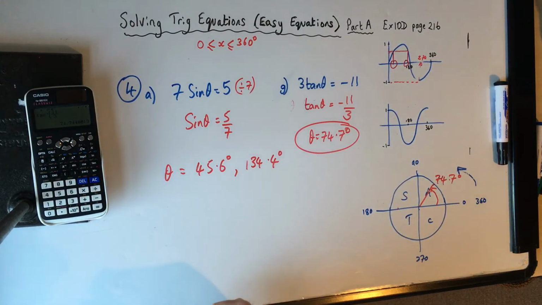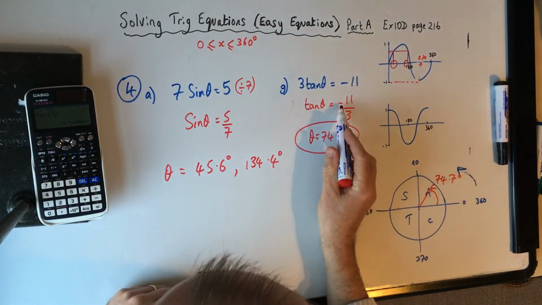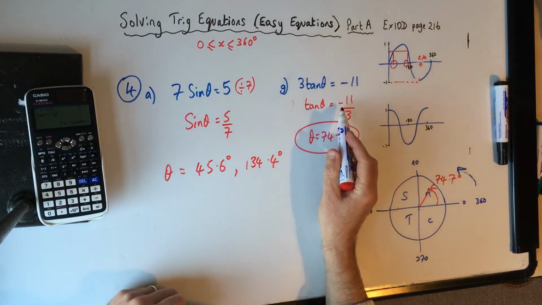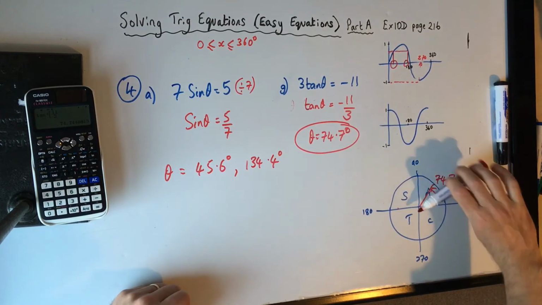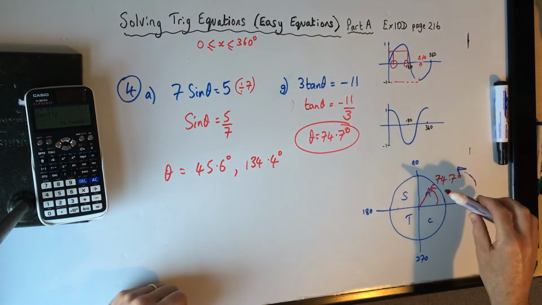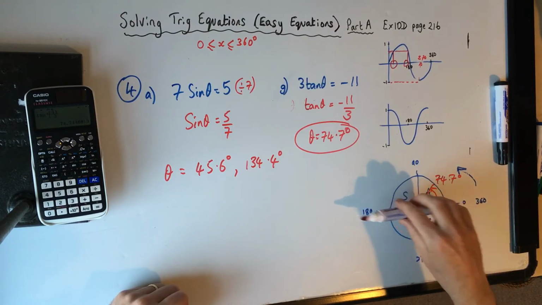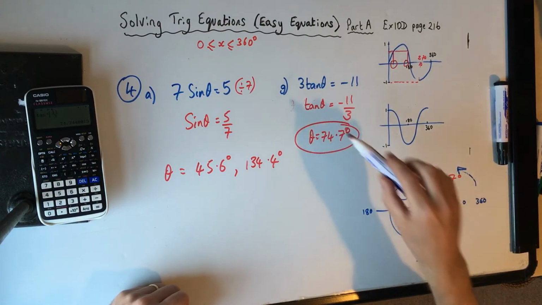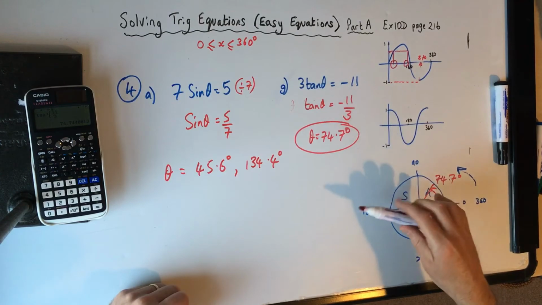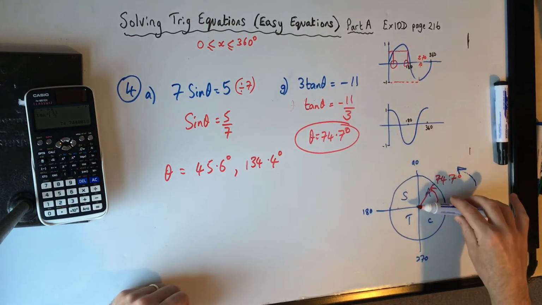Now we look at the sign. Minus, we want the values where it is negative for tan. Well, it's positive for tan here, so we don't actually want that one, but we do want the angle of 74.7 degrees in the negative quadrants for tan, because this is negative. So that's this one and this one.